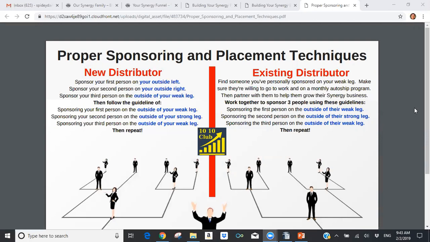And then if you're an existing distributor and you've got a leg that has significant growth to it and has huge amounts of bank volume, let's say it's your right-hand side, then you can go into the back office and set it up for the computer to put the individual on the outside of your weak leg. The computer will always put it on the outside of the left leg, or the outside of the right leg, or the outside of the leg that has the lesser amount of volume from the previous month. So that's great. I'm glad you brought it up, Judy.